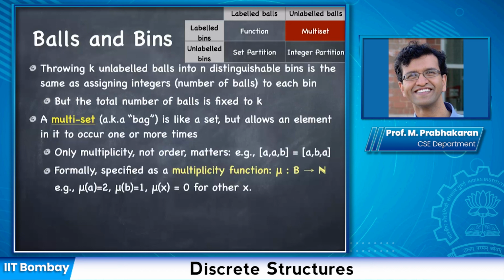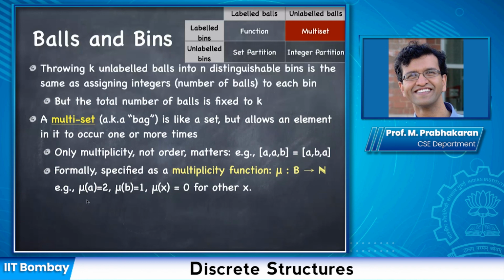Formally, you could specify a multiset as a function, assigning counts or multiplicities to each element. All the elements come from a ground set, and for each element in the ground set, I assign a number saying there are this many copies of that element in my multiset.